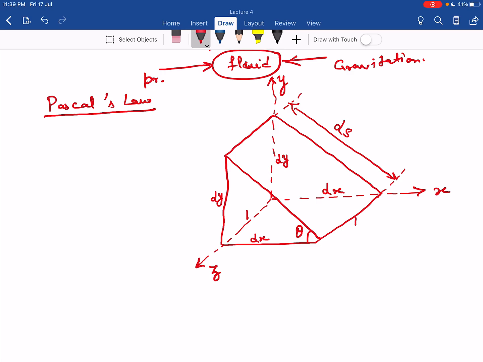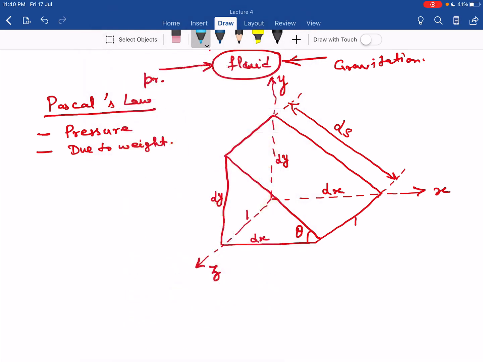So there are two forces: the first force due to pressure and the second force due to weight or gravitation, that is the weight of the element. So now we find out these forces one by one.